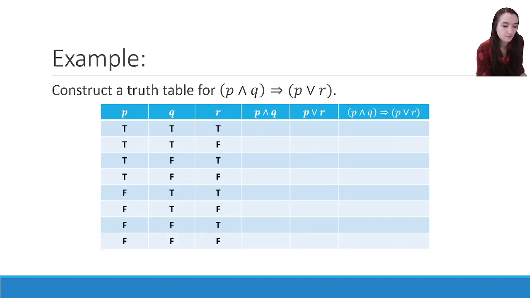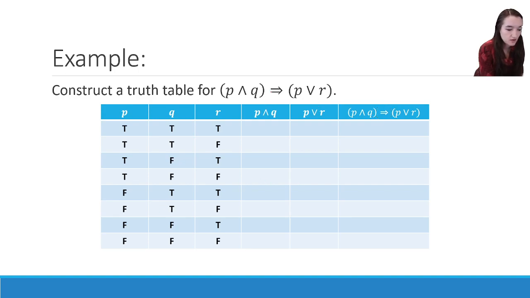Next, here we have P and Q implies P or Q, P or R. So we have a 3 simple statement column truth table here. And for each of our parentheticals, we've got P and Q, P or R, and then our final conditional right here.